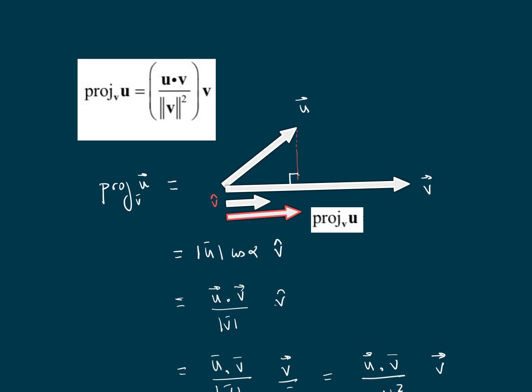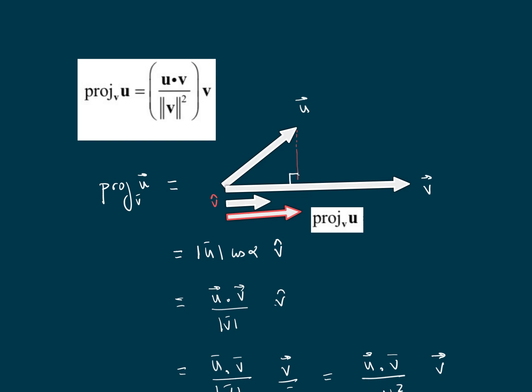And the length of U, the magnitude of U, is projected on the direction of V. And this is the magnitude of U projected on the direction of V.